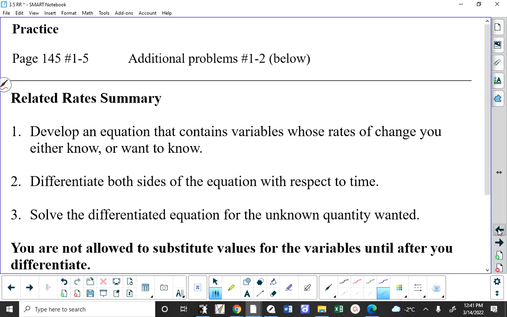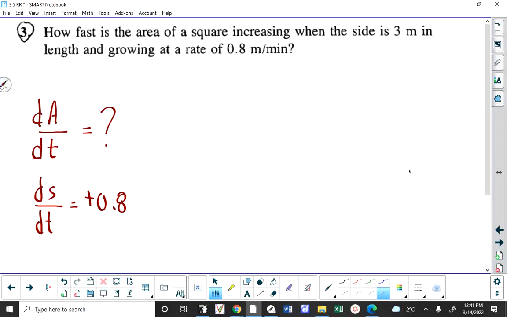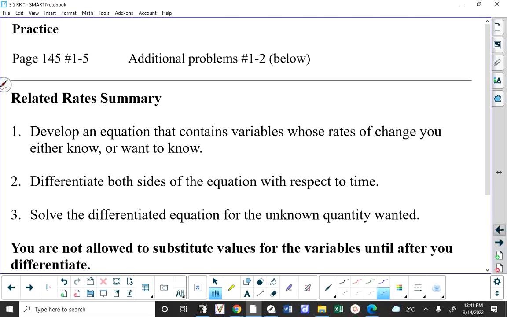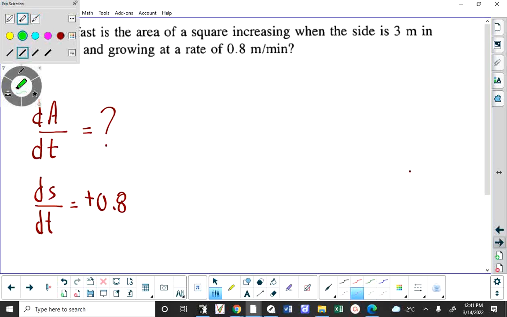So in my example, and I just want to move it a little bit closer here, we have a rate of change we know, that's d side length of square dt. We have a rate of change we're asked to find, which is dA/dt. So the variables whose rates of change I know or want to know are these variables.